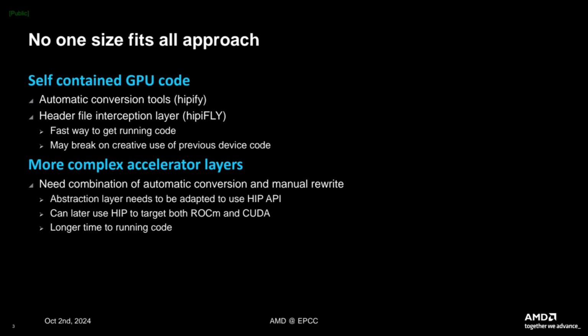I'll tell you what these tools are next. But it's possible that the code is more complex and has some ad hoc optimization for the specific device. In that case, it may be harder to use just out-of-the-box options, and an approach that combines manual rewrites with automation may be the right path forward.